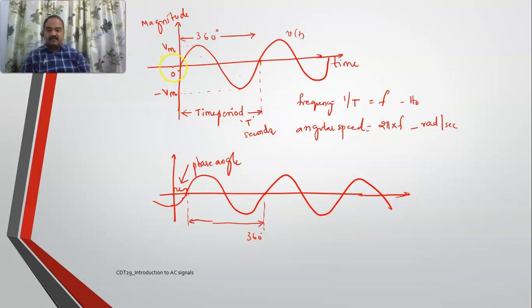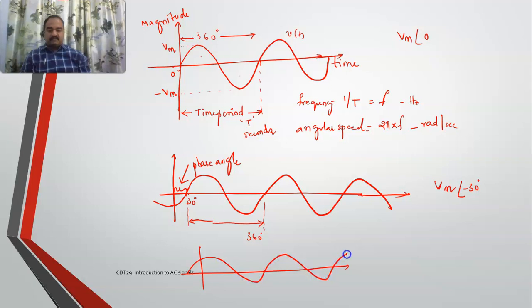Ideally, it is 0 here, but here it is lagging by 30 degrees. So, let us suppose this is 30 degrees. Okay, so this is Vm at an angle of 0, and this is Vm at an angle of minus 30. Sometimes the signals may be starting well ahead from the reference point.